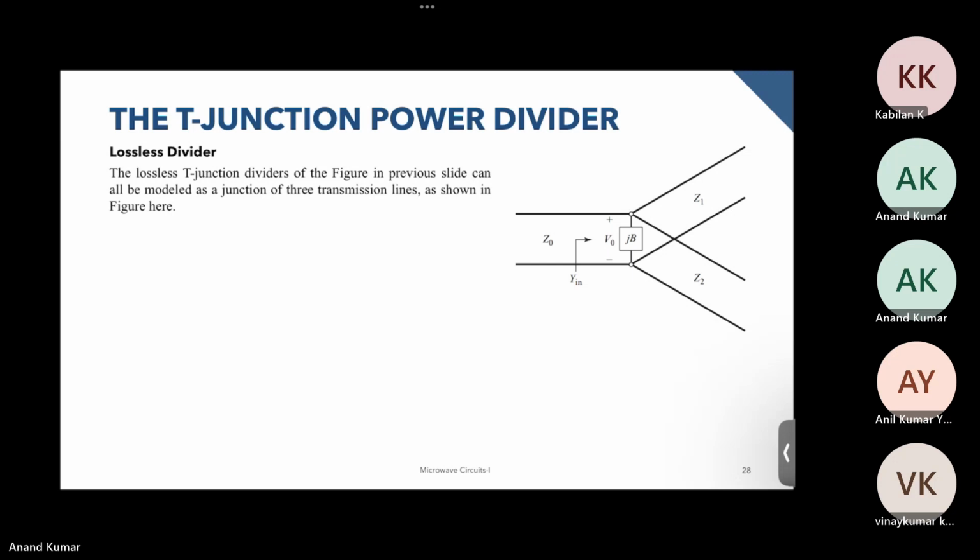What we have over here is a microstrip line with characteristic impedance Z0, and we want to divide the power in this transmission line into these two arms.